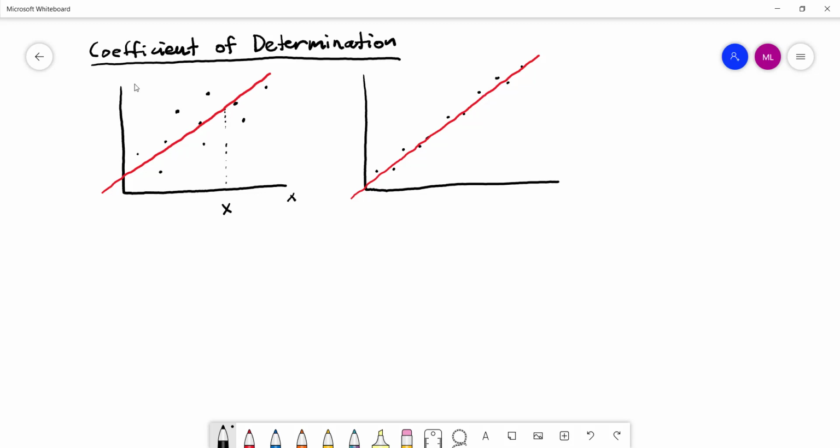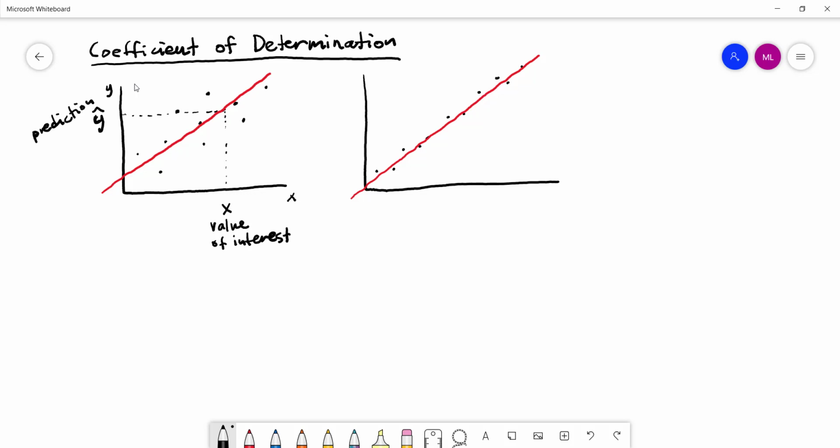So this would be the x-axis, this would be the y-axis, and this would be some x value of interest. Then I can trace this back, and this would give me the predicted y value, which is going to be our y with a little hat over it. So this is some prediction.